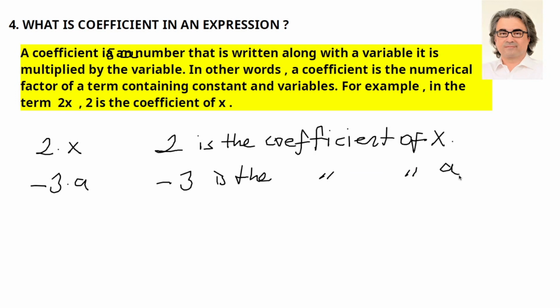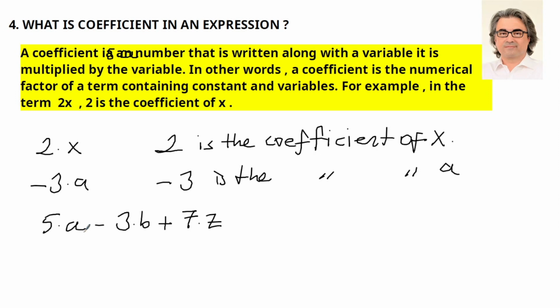I think you understood the meaning of coefficient. Now let's write an algebraic expression having more than one variable. 5 times a minus 3 times b plus 7 times z. Now here we have an example having 3 terms.